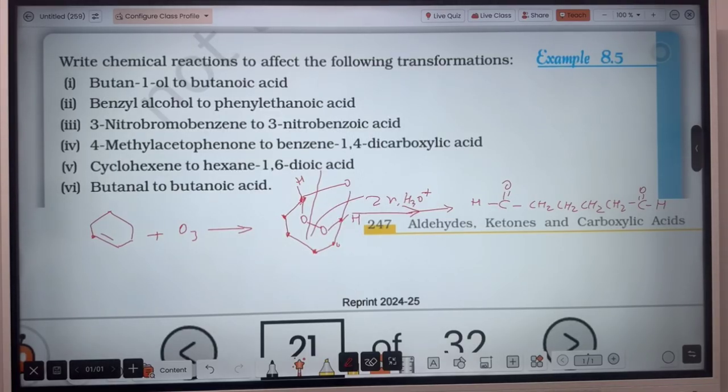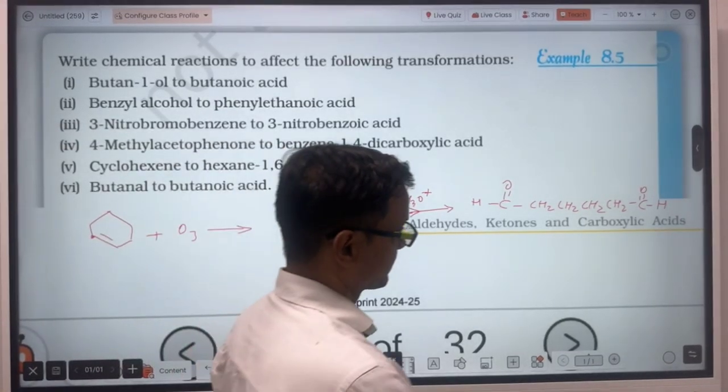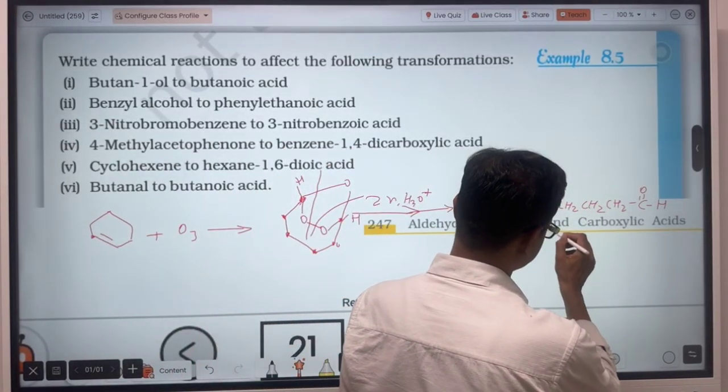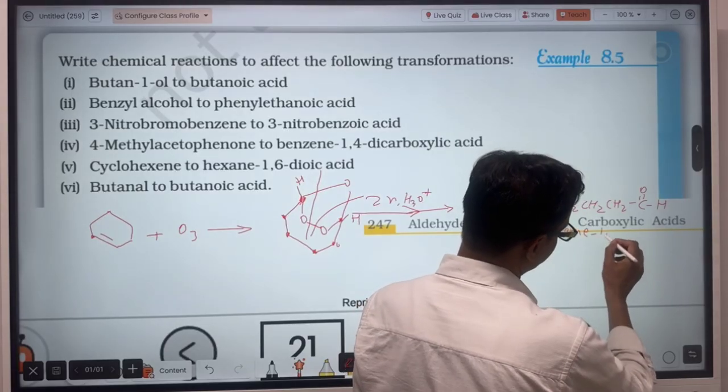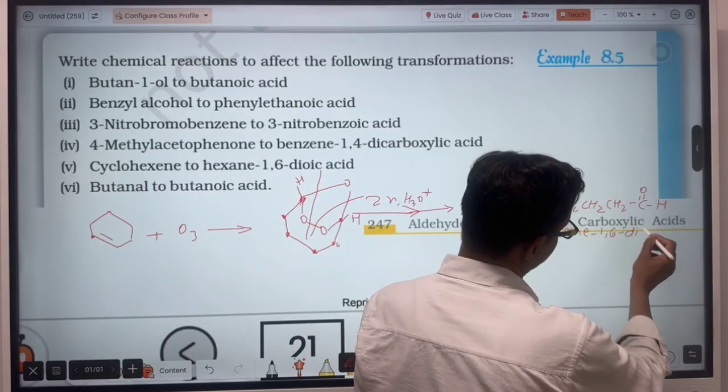Then you will have to check when I write the IUPAC name. So its IUPAC name is hexane-1,6-diol.